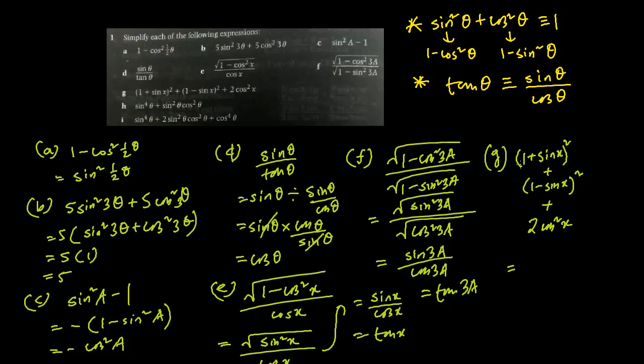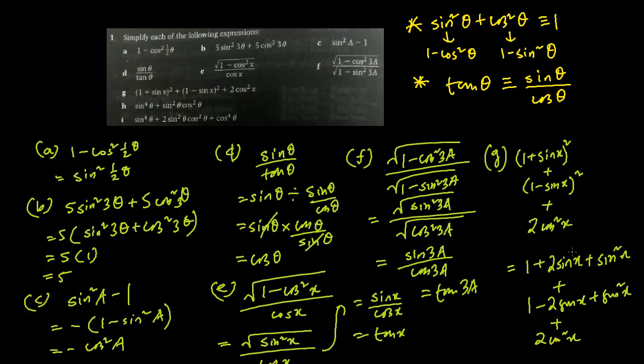Now if we break this down, 1 plus sine x whole squared is a plus b whole squared. So a squared plus 2ab is 2 sine x into 1 plus b squared is sine squared x plus 1 minus sine x whole squared is a minus b whole squared. A squared minus 2ab is 2 sine x plus sine squared x. Now we have 2 cos squared x.